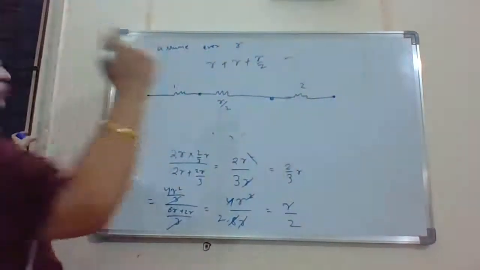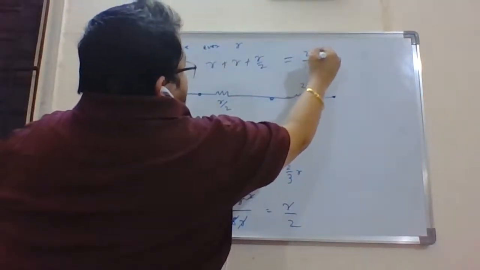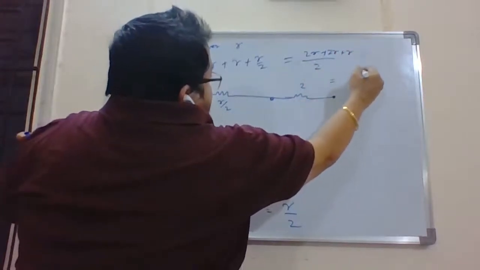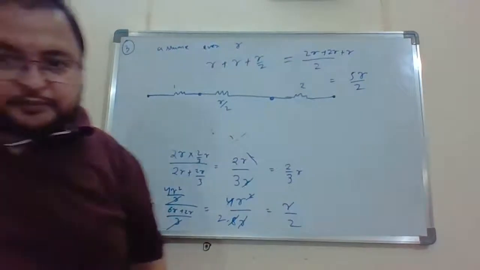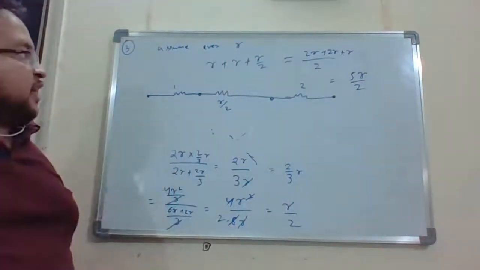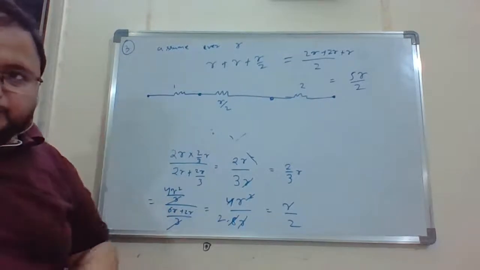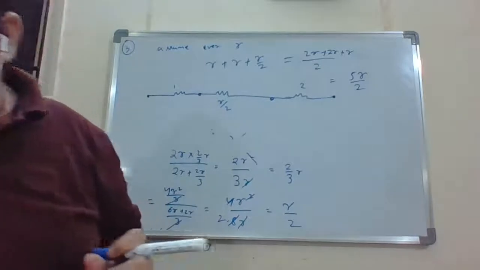If you take 2, you can say 2R plus 2R plus R over 2, that is nothing but 5R by 2 or 2.5R. Pretty simple. So let us move on to the next one.